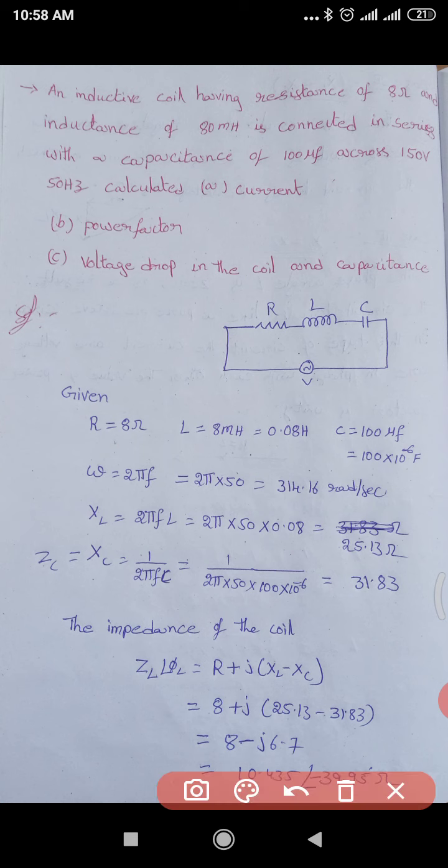So here, inductive coil means it is the combination of an inductor and a resistor. Everyone must remember this thing: if any problem gives an inductive coil, it means indirectly they have given an inductor and a resistance value.